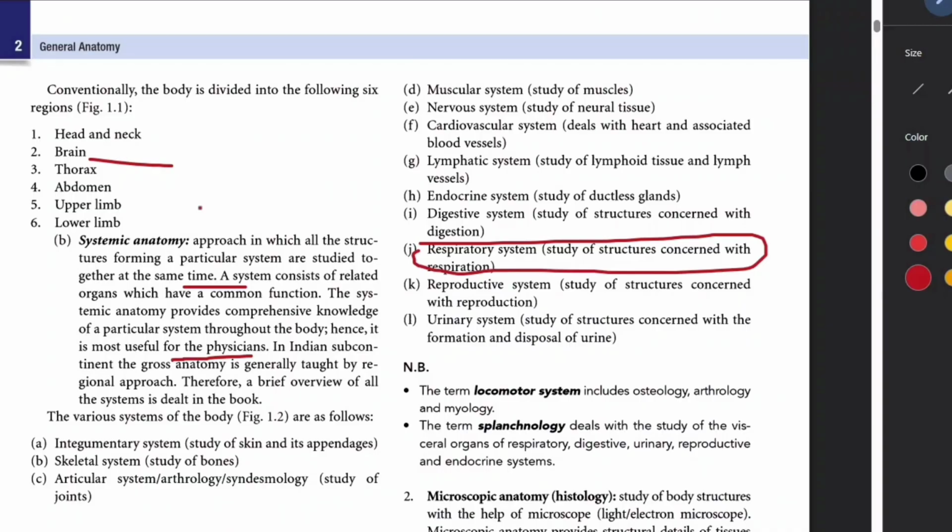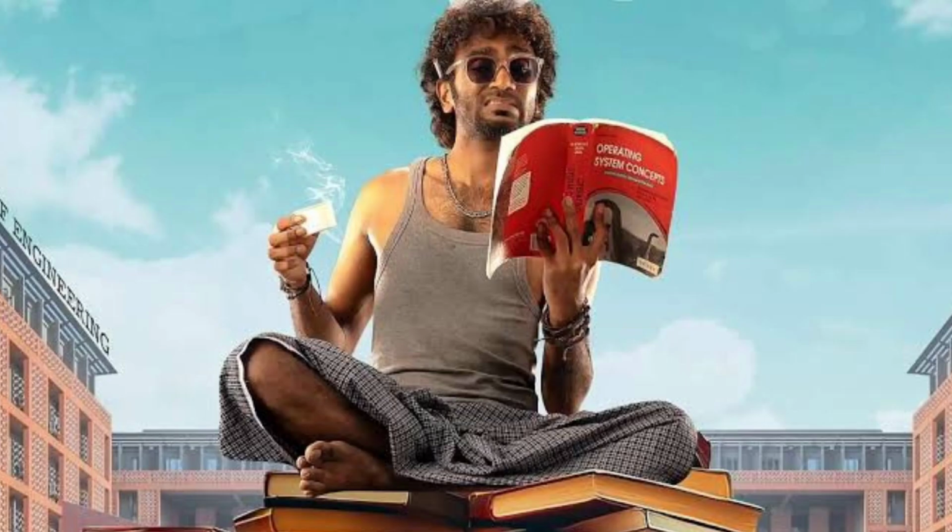If you study the nervous system, you get to know how a person gets paralysis or any kind of nerve injury, why the patient gets radiating pain or a disc prolapse due to nerve compression. These all come under the nervous system. That is why we need to study all those systems in our body.